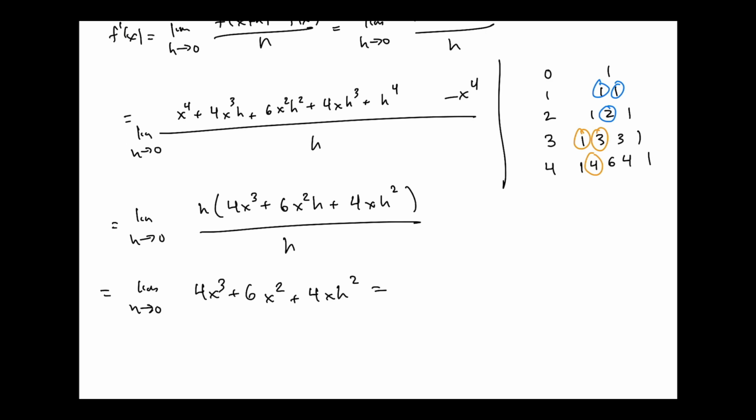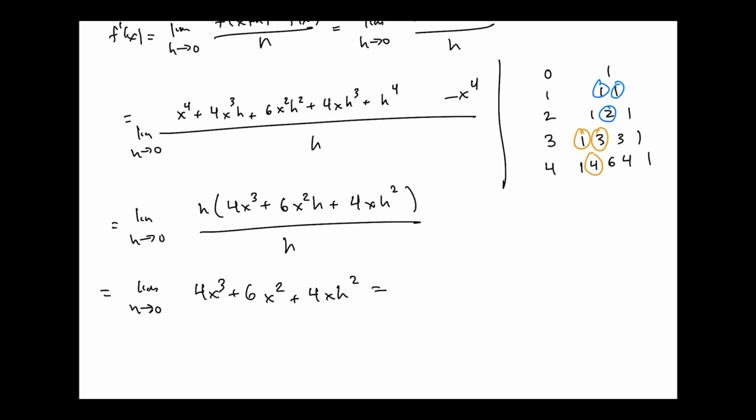Yeah? Okay. Go ahead. Oh, yeah, sorry, thank you. Not after 6x squared. Shouldn't that be 6x squared h? Because you already factored out the h.